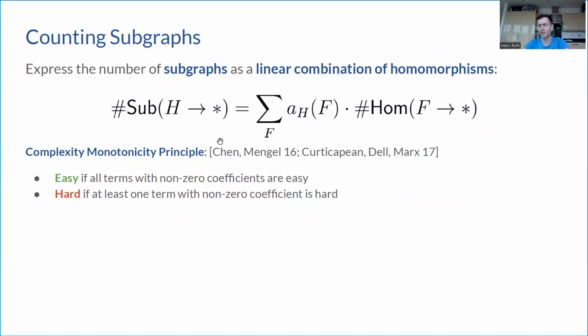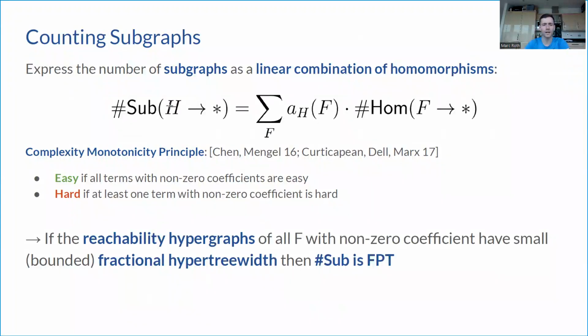So for our algorithm, if we want to count subgraphs, copies of H in a directed graph G, we go into the homomorphism basis, and then we translate each homomorphism term into an instance of #CSP. And if all of the reachability hypergraphs have bounded fractional hypertree width, then this algorithm is an FPT algorithm.